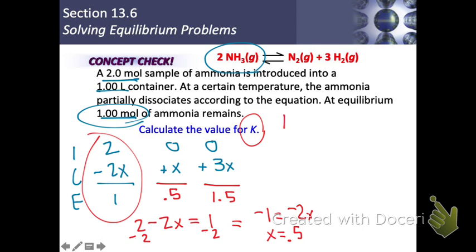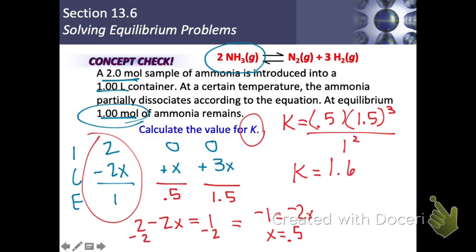So now to solve for K, I'm going to take 0.5 times 1.5 to the third power over 1 squared. And so I get a K value equal to about 1.69.